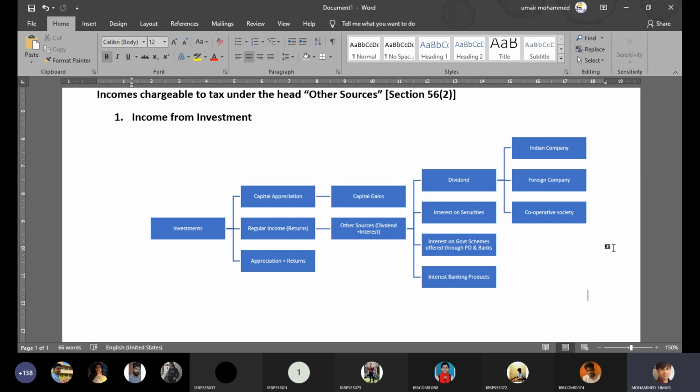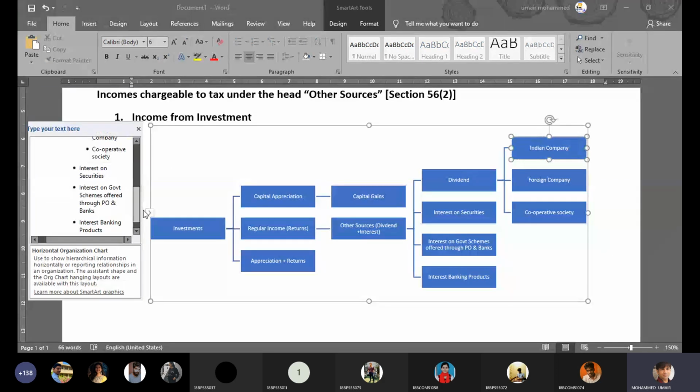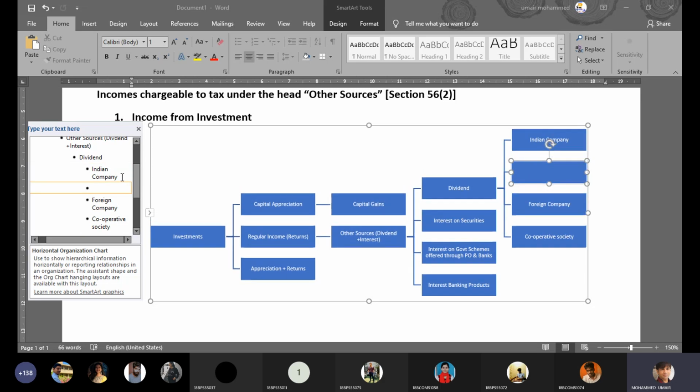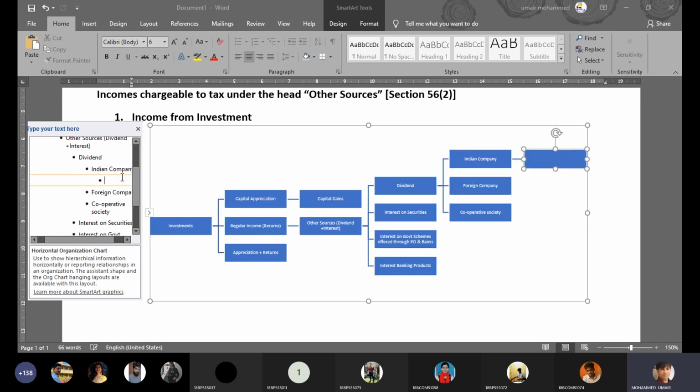Now, as far as your batch is concerned, when I say your batch, I mean we are following assessment year 2019-20. As far as assessment year 2019-20 is concerned, dividend received from an Indian company is exempt under section 10(34) up to 10 lakhs.